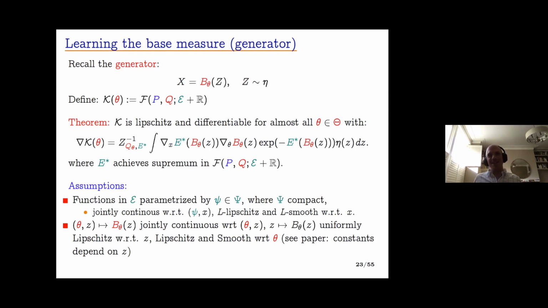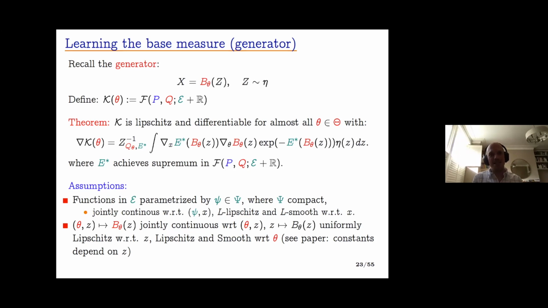Obviously, this gradient is going to require us to make assumptions. So this requires assumptions both on the energy function class calligraphic E and on the class of generators B theta.